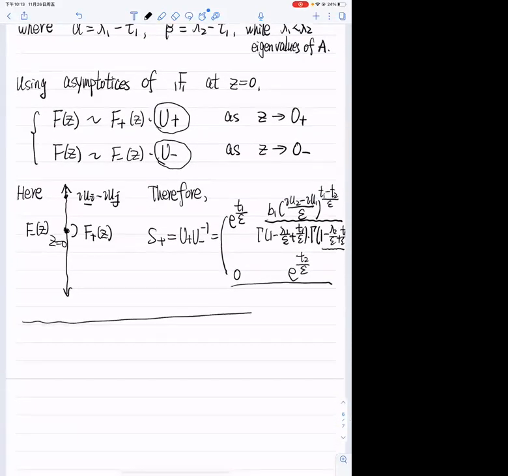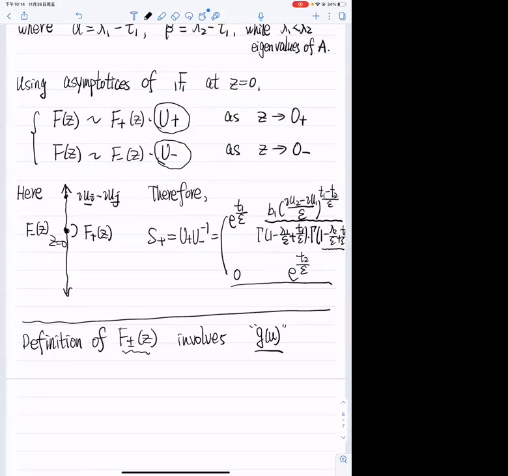Because in practice, we don't use the definition to compute things, right? The definition of F, the solutions with prescribed asymptotics, involves the continuation of this guy from 0 to infinity, which is not so manipulable.